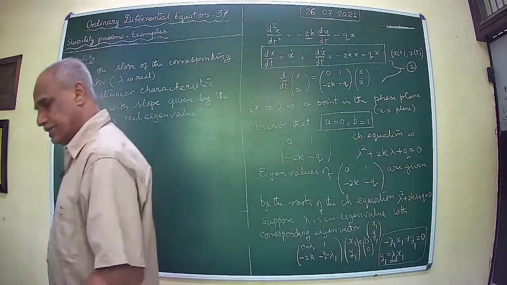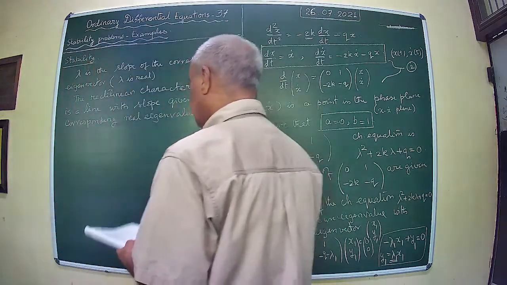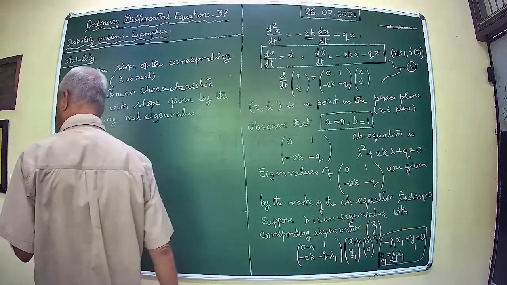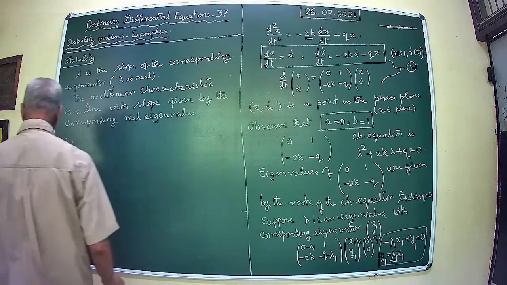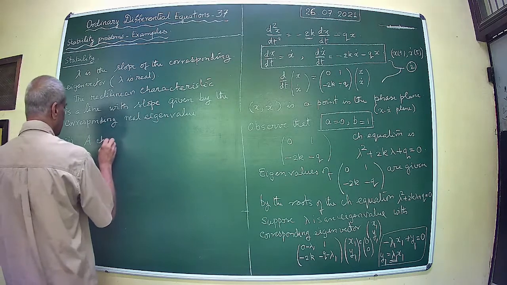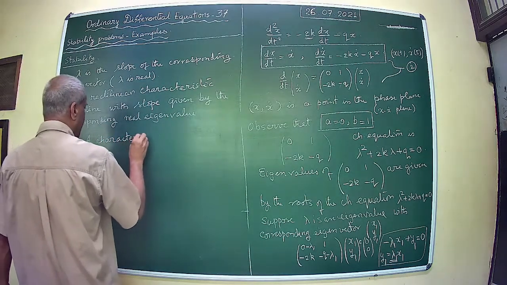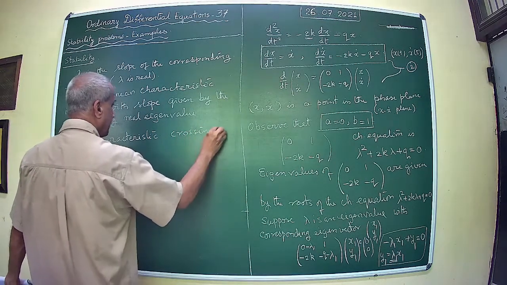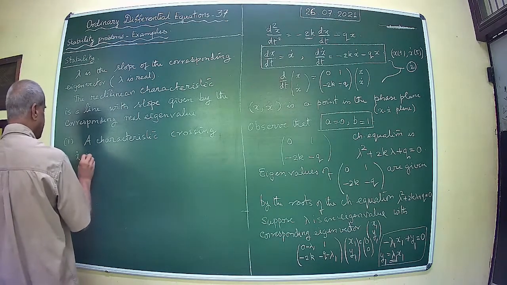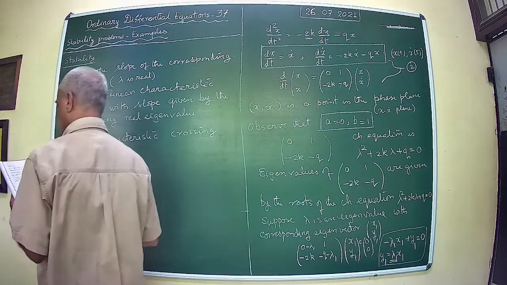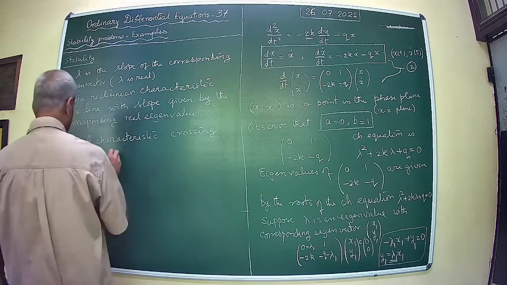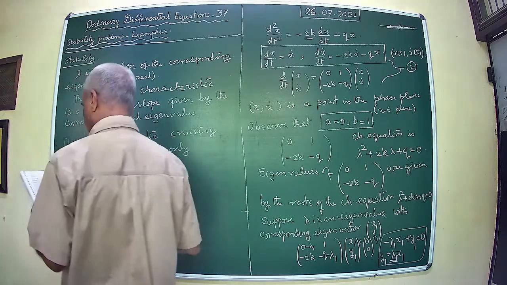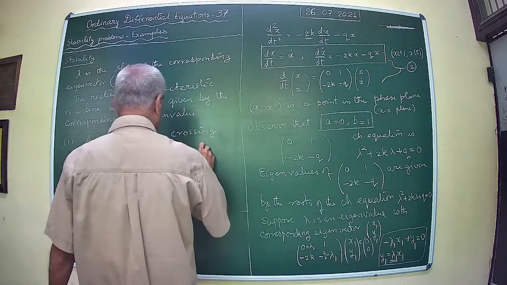Okay, now let us write down some inference. It's quite easy to infer the following. A characteristic crossing the x dot axis can do so only in the negative direction.